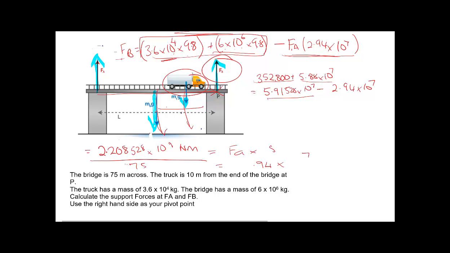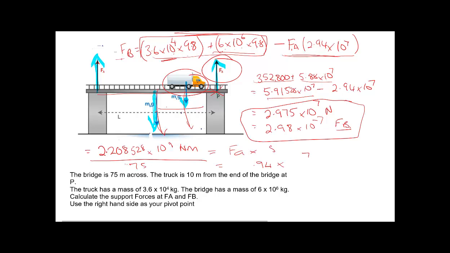If we do that, we end up with 2.975 times 10 to the power of 7, so about 2.98. The support forces aren't that different. That's going to be FB. We'd expect that to be a bit more than this because it's closer to the support on that side. So those are your combined answers, and that's that problem.